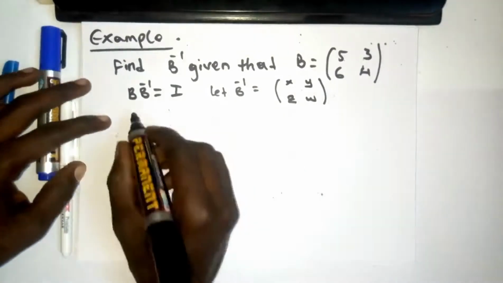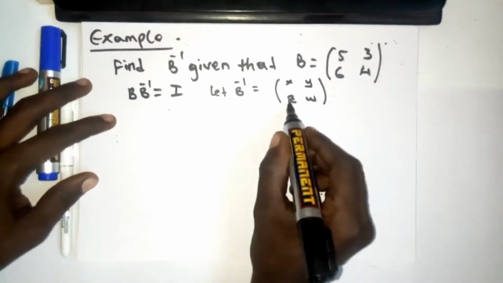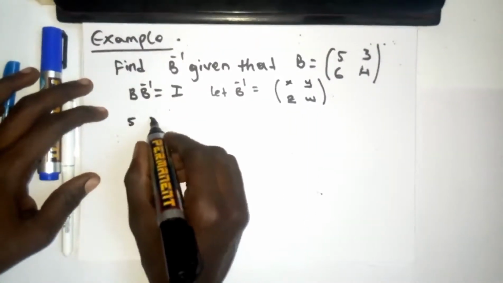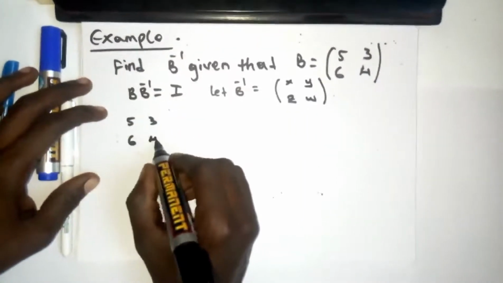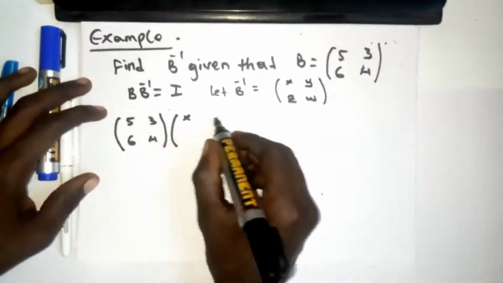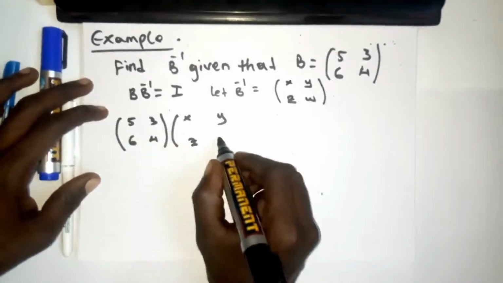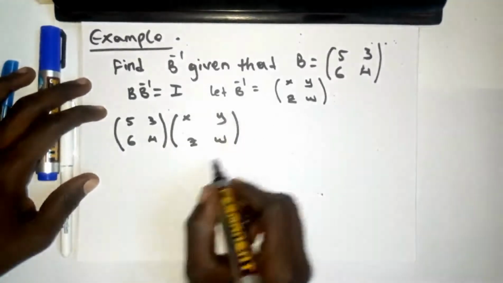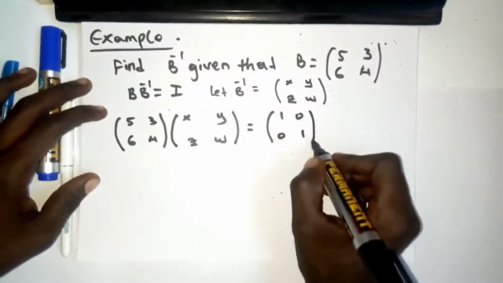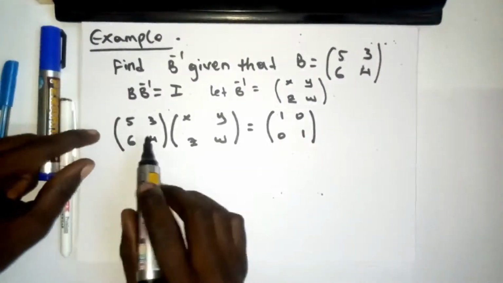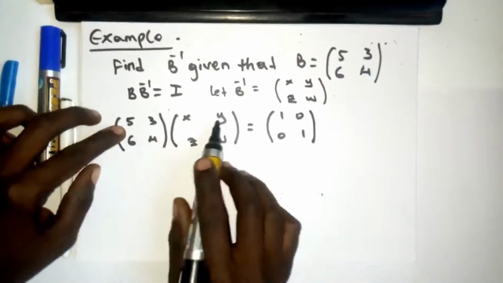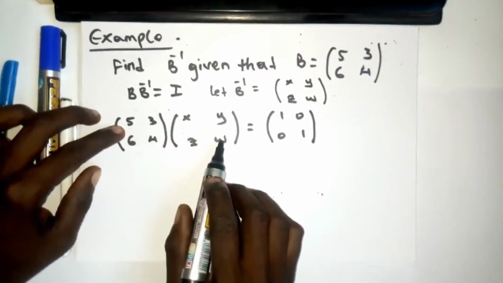So meaning that if I multiply this matrix that I let by B, which is 3, 6, 4, I multiply it by its inverse, which I don't know yet. I only know these unknowns which I need to find should give me an identity matrix like that. Then I'm going to still do the same thing. I multiply the rows and columns of these matrices.